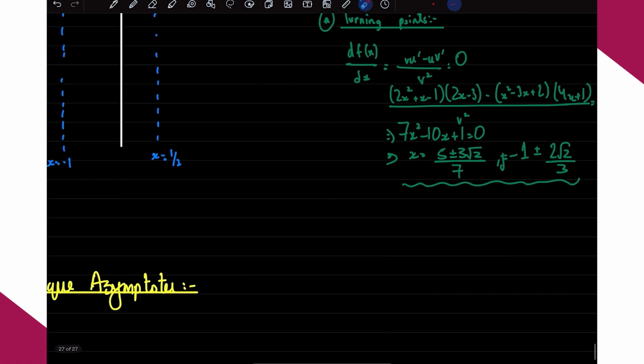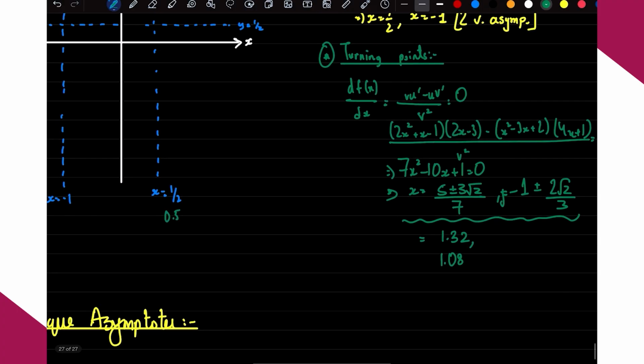I'm going to write the decimal values of these right here, for the turning points. If I take my calculator once again, and I type in 3 root 2 over 7, that's going to give me 1.32. And the other value, if I take the negative version, is going to give me 1.08, right? And this is 0.5, right?